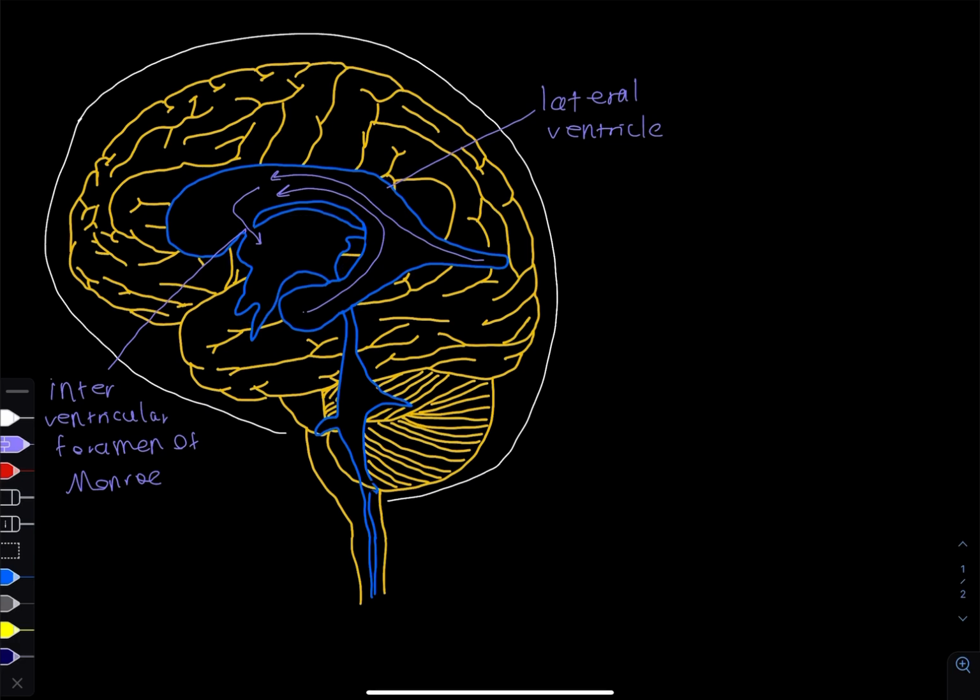And there's going to be one third ventricle, so it's unpaired. And it's going to be formed by the thalamus. So the walls of the thalamus and the diencephalon in general are going to form this third ventricle.